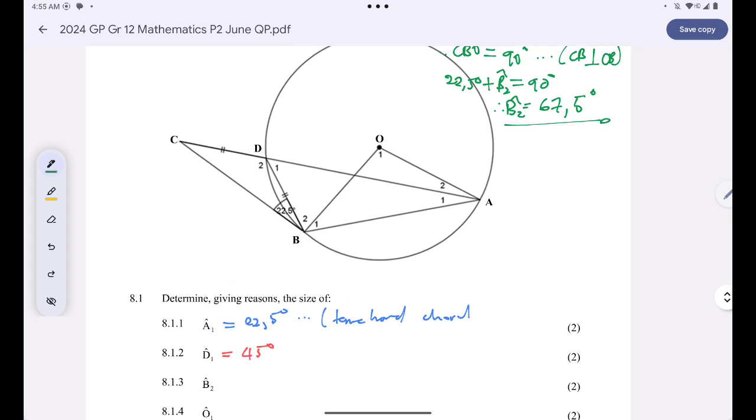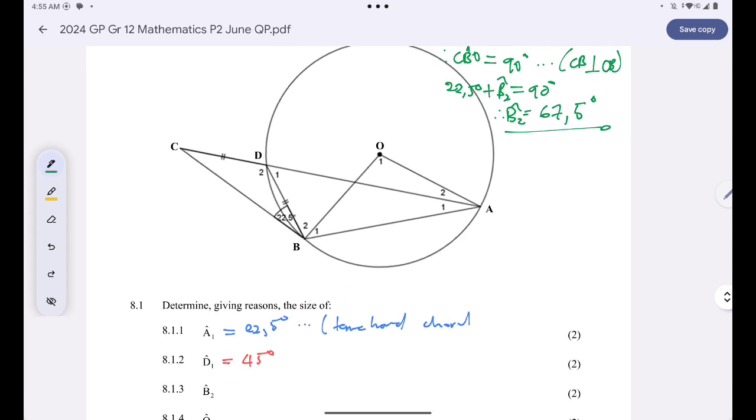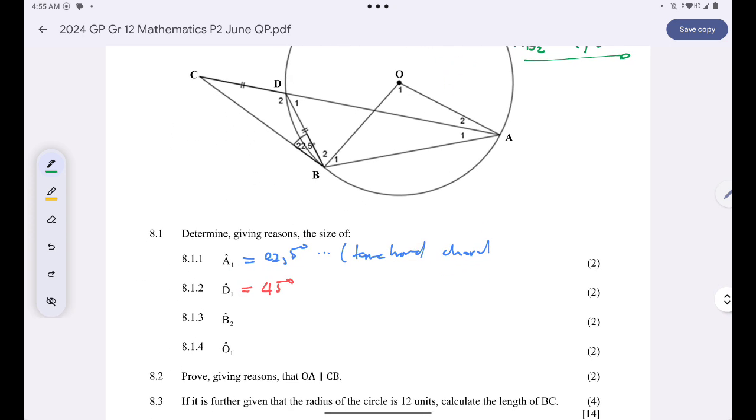Okay, and now they want us to find the size of angle O. Angle O is 2 times angle D1. And we found angle D1 to be 45. It simply means angle O will be 2 times 45, which will give us 90 degrees.